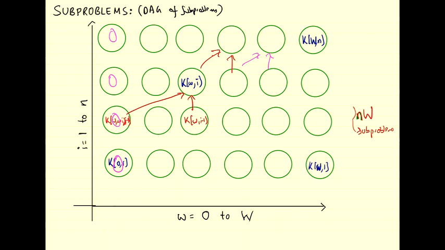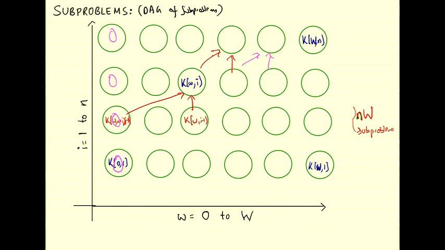But here, the dependencies don't form a cycle. An easy way to see that is because K of W, i only depends on K of something, i minus 1. So you can see that all the arrows in this DAG go upwards. So I just need to calculate the values of all these subproblems in some order. You can pick basically any topological sort of this DAG.